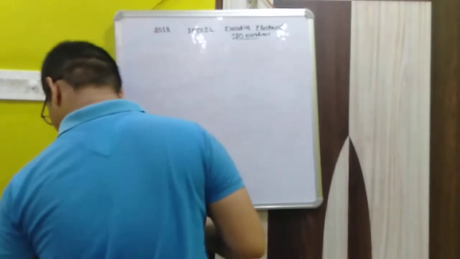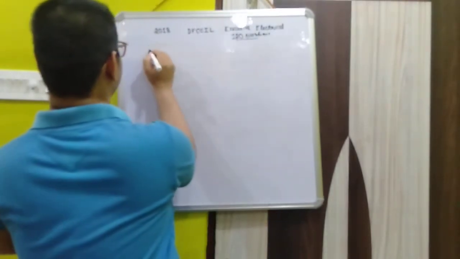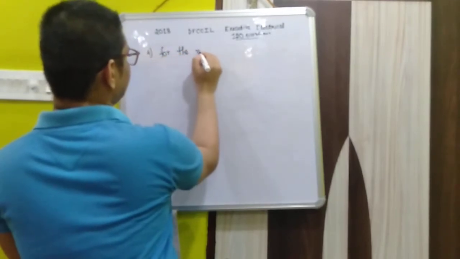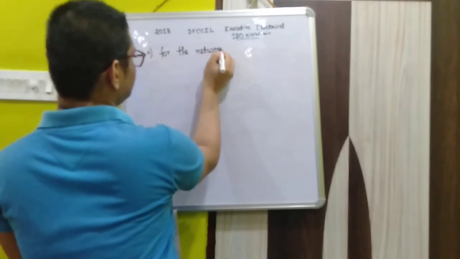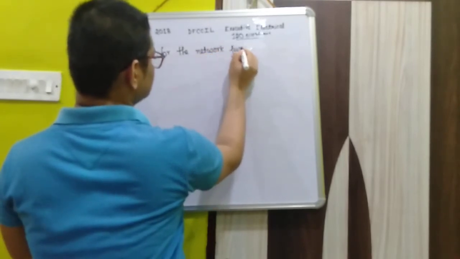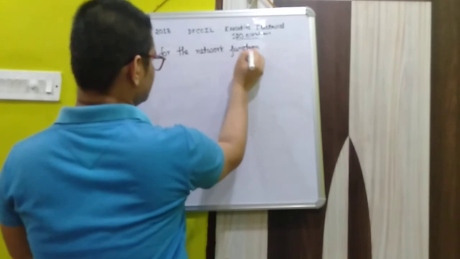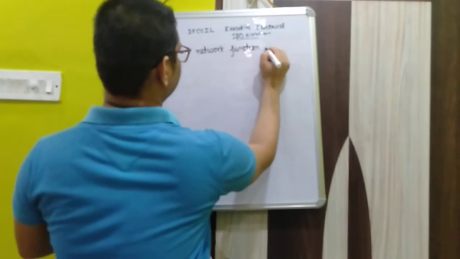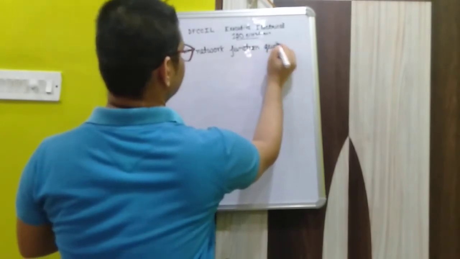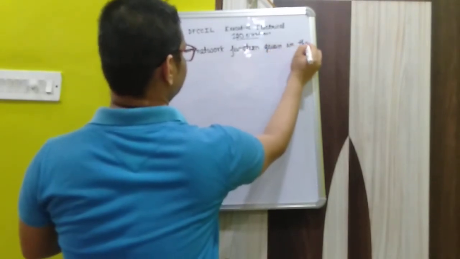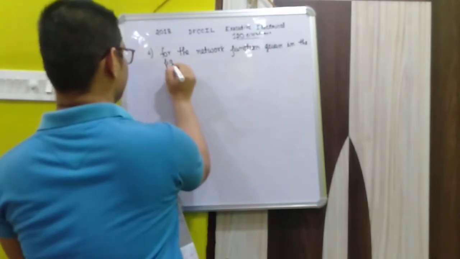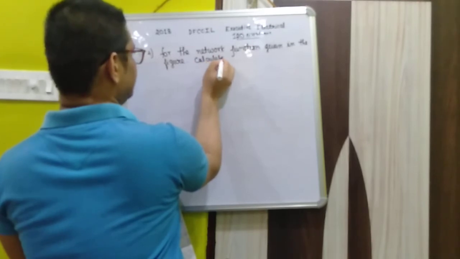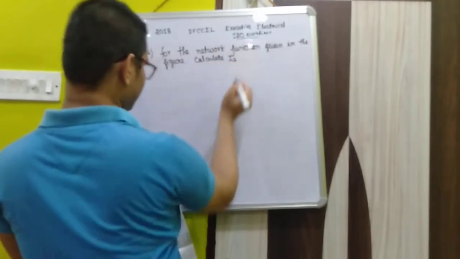That is question number 4: for the network junction shown, calculate I3, given in the figure.